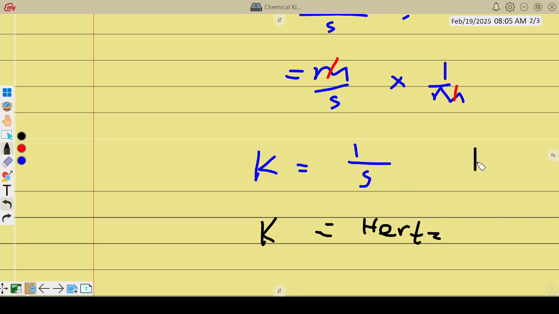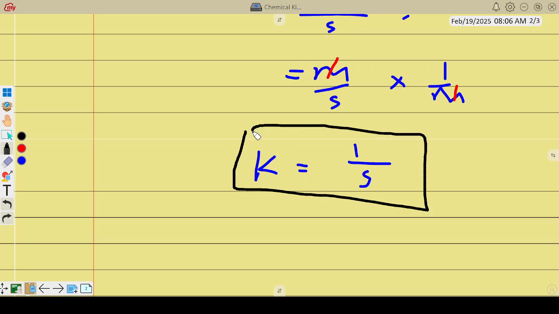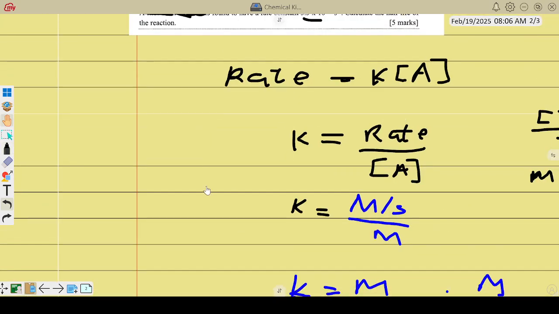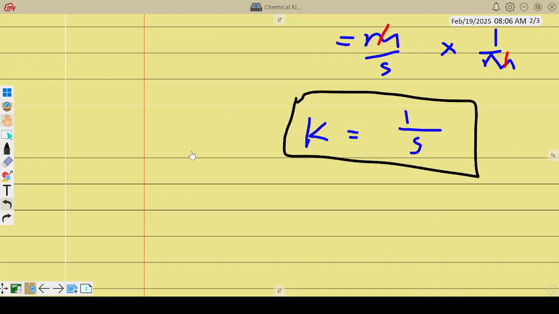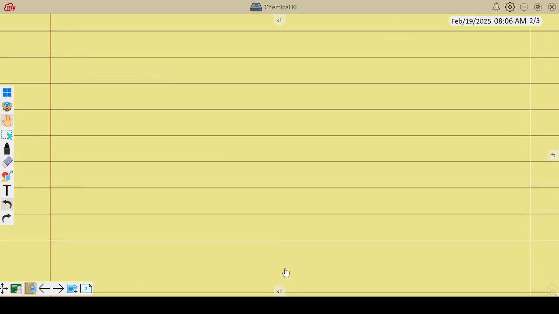But this is not a physics class. It's just something to take note of, like what if your lecturer becomes so crazy that they want you to show the units are hertz. Okay, so this is it. We can have a look at another question now, which is a lecturer's favorite.